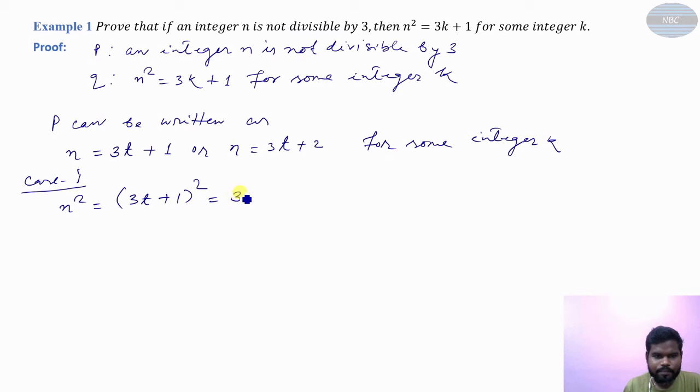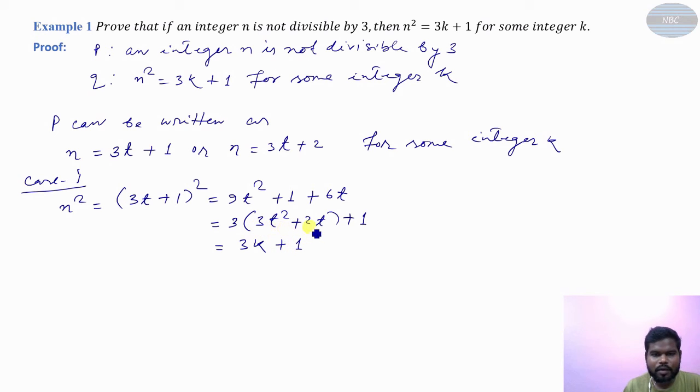This is nothing but a square, that is 9t square, plus b square, that is 1, plus 2ab, that is 6t. Take 3 common from the first and third terms: 3 times 3t square plus 2t, plus 1, so it can be written as 3k plus 1.